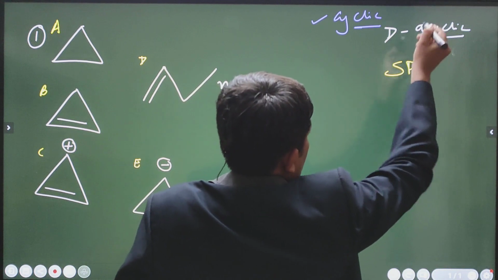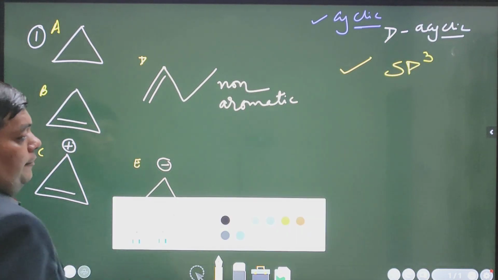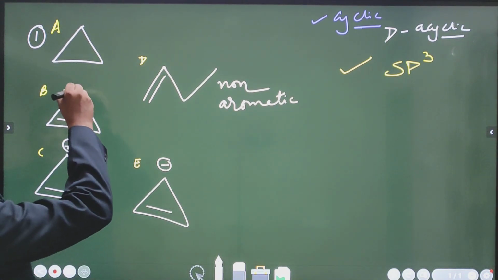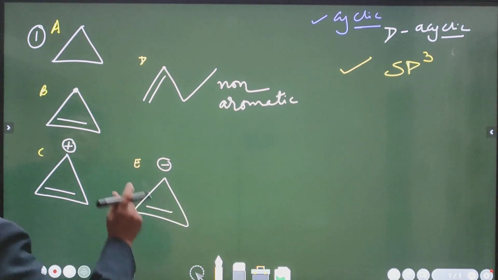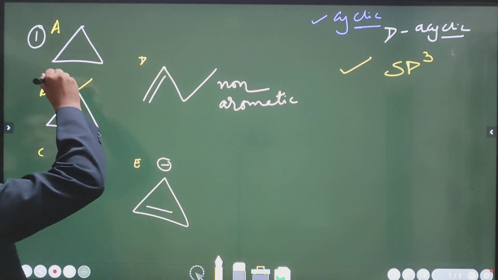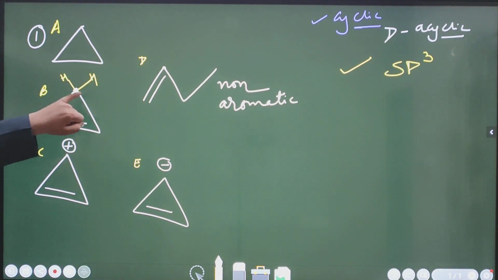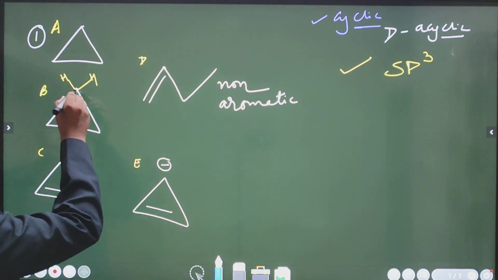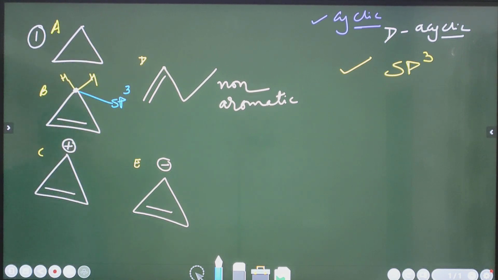At least a single sp3 carbon. What should be your answer whenever we say a single sp3 carbon? This particular carbon has 4 valencies, and all 4 valencies are satisfied by sigma bonds, valency 1, 2, 3 and 4. So when all the 4 valencies are satisfied by sigma bond, no need to think much, it is an sp3 carbon.